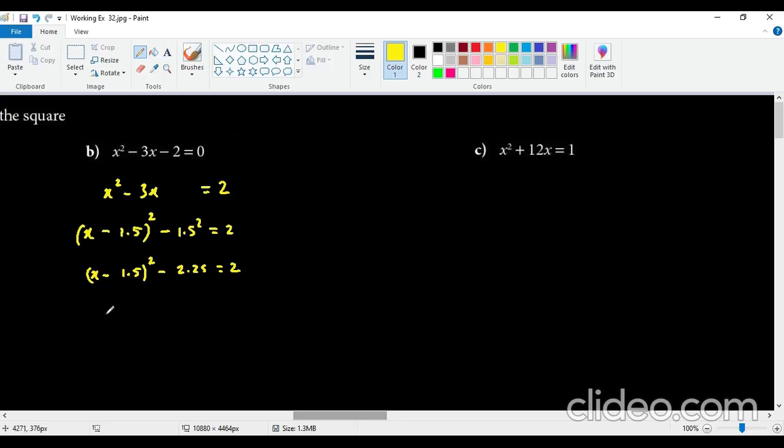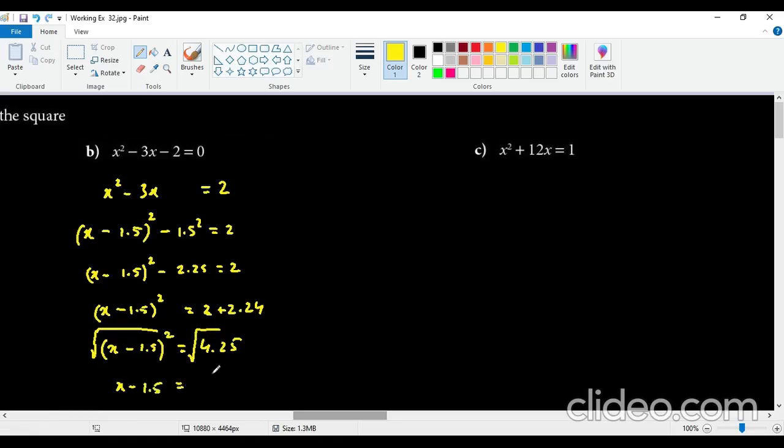equals 2. Now this minus 2.25 will go to the other side and becomes 2 plus 2.25. So x minus 1.5 square is going to be 4.25. Taking the square root out, what we'll do is x minus 1.5 equals plus minus under root 4.25.